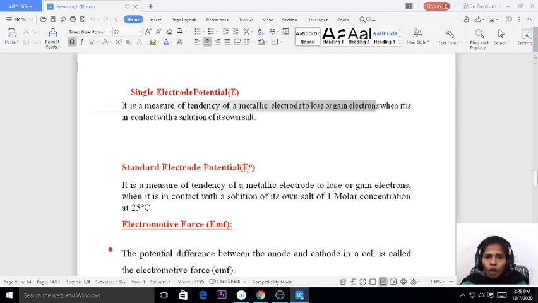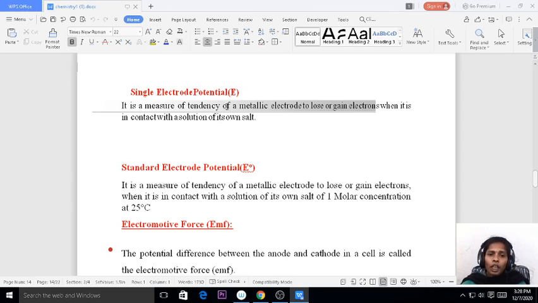It is a measure of the tendency of a metallic electrode to lose or gain electrons when it is in contact with a solution of its own salt. So the same definition holds for electrode potential and single electrode potential.